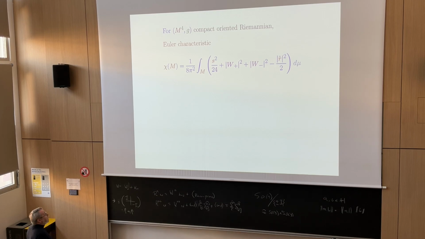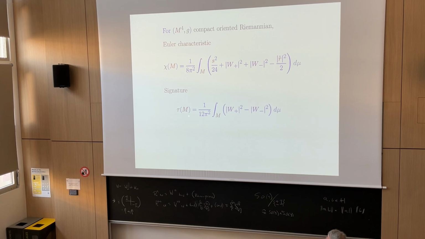There's one other important topological invariant of a manifold. These are both homotopy invariants that can be read off from the curvature. So there's one other curvature quantity which calculates a topological invariant.